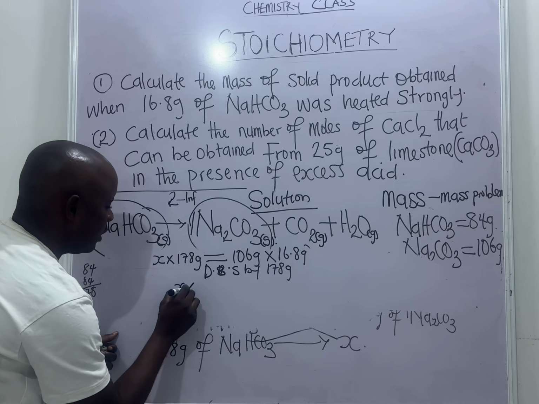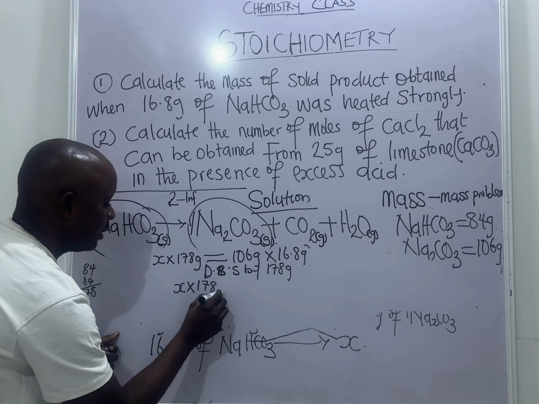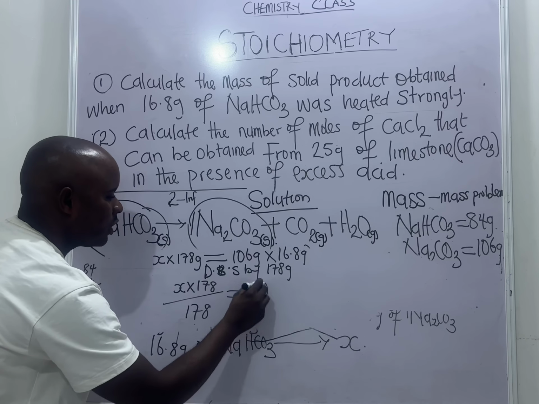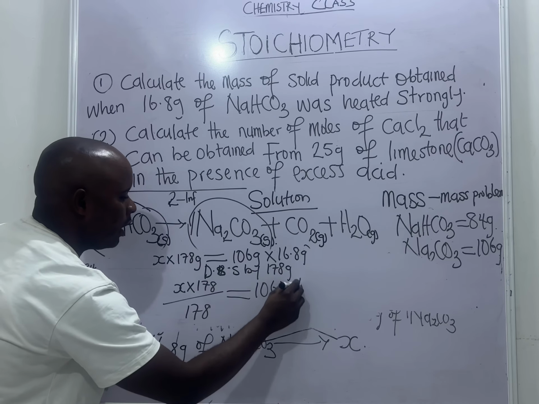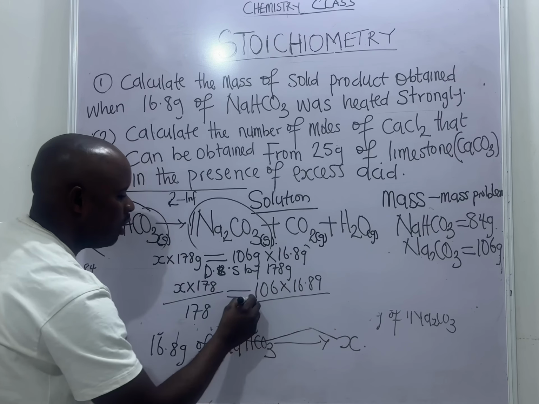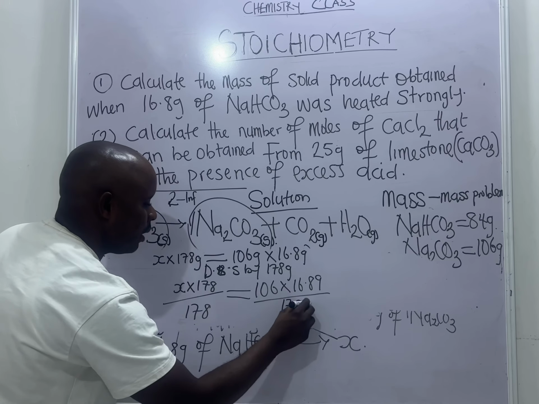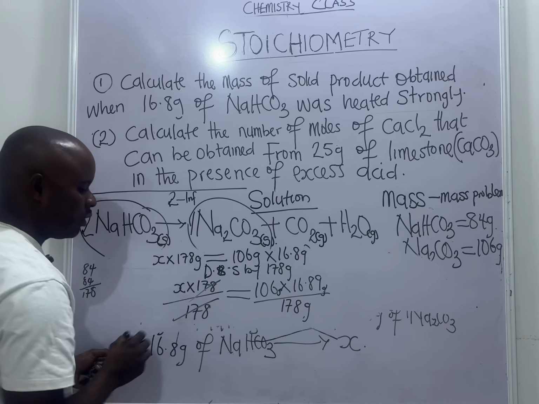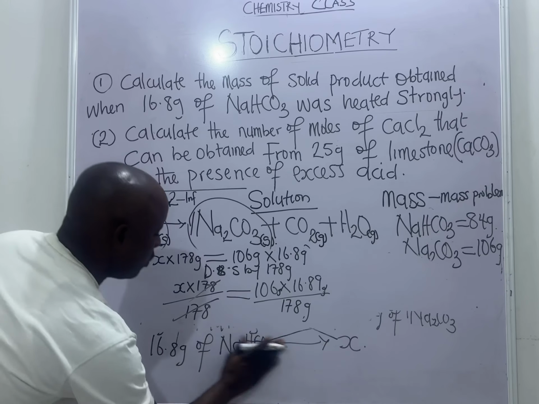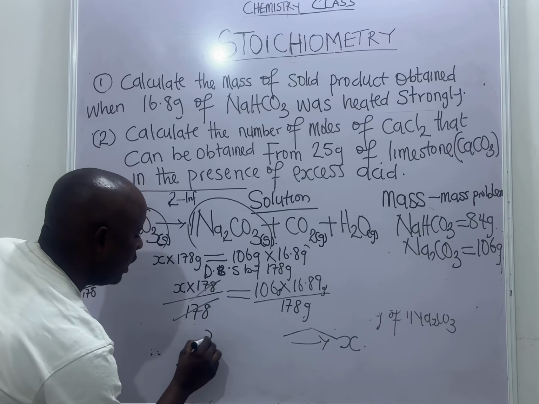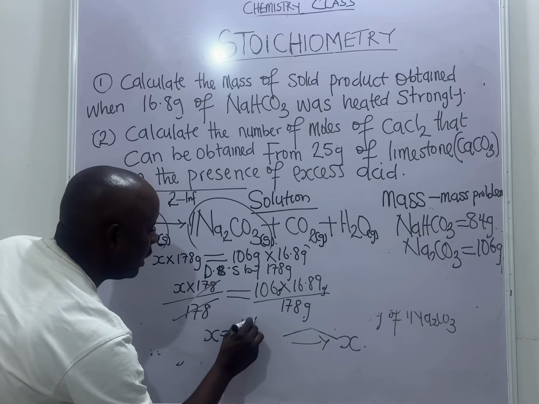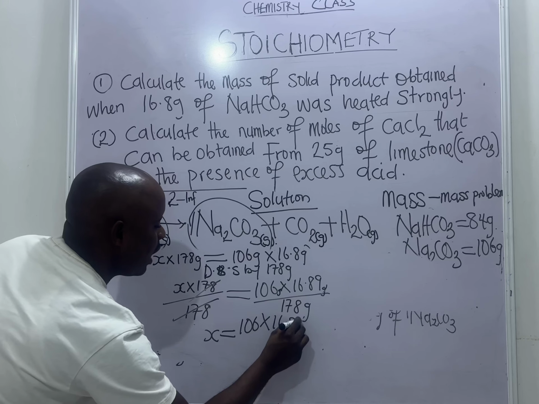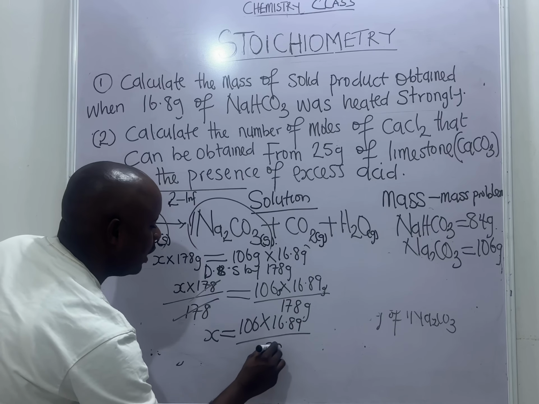So we can have S times 178 divided by 178 to give 106 times 16.8 all over 178 gram. So this will cancel this, this will cancel this. We are left with S is equal to 106 times 16.8 all over 178.